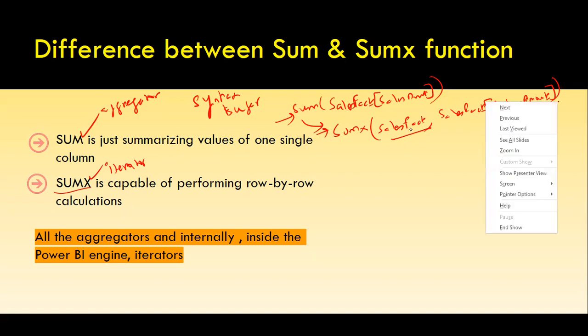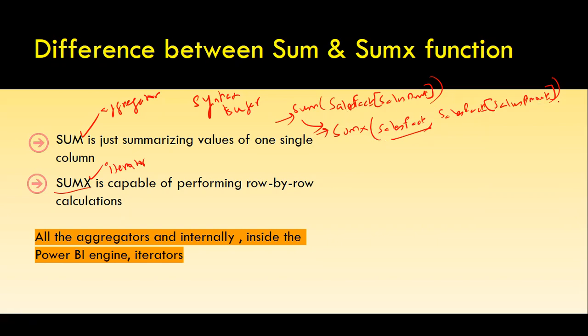So to improve the productivity, and to make it more developer friendly, they gave the simple version of the SUM function. Instead of specifying the table name followed by the column name, here you simply specify the table name with the column name. That is enough, you don't have to type too much. That is the whole idea of this.